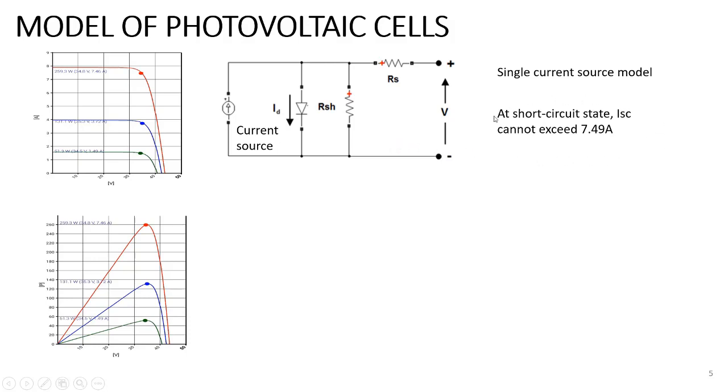Usually, in the commercial PV, that value is about 7.49 amperes. Therefore, we may note that this equivalent current source does not have a wide range of short circuit current values and could not reach the high short circuit currents as found in other electrical generators.